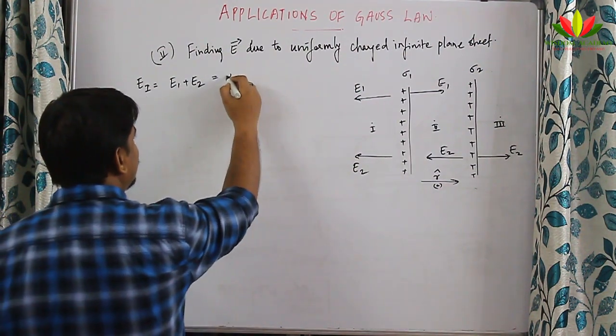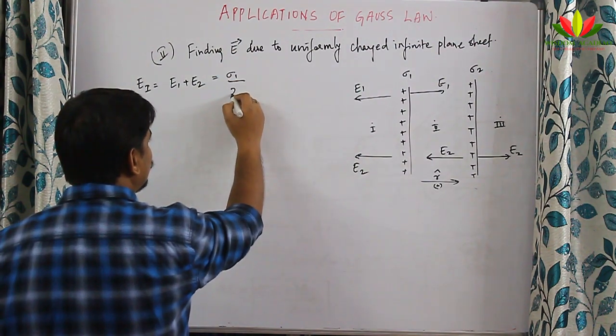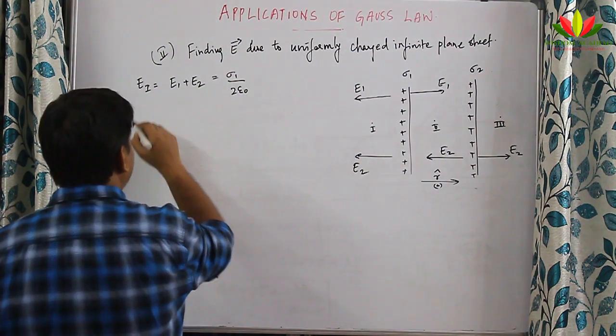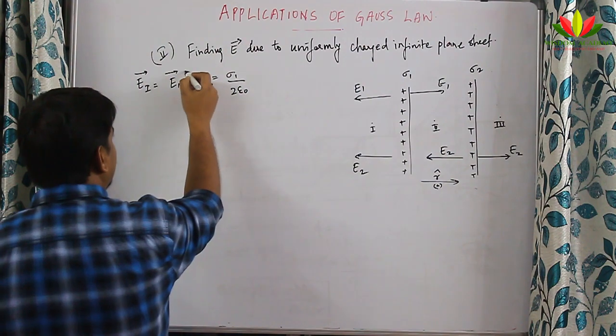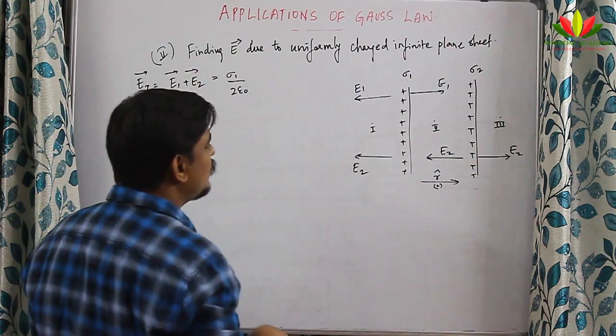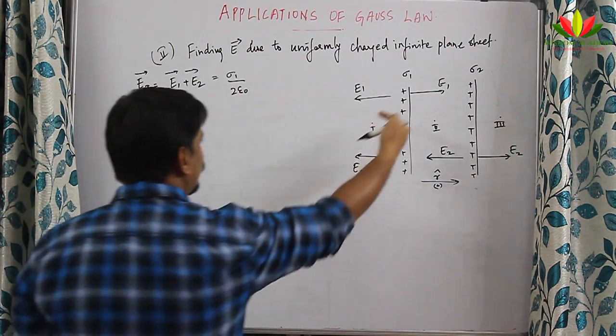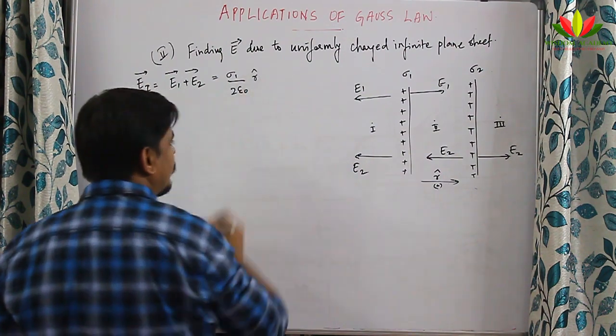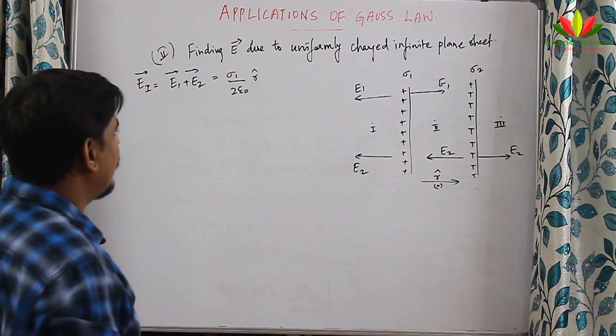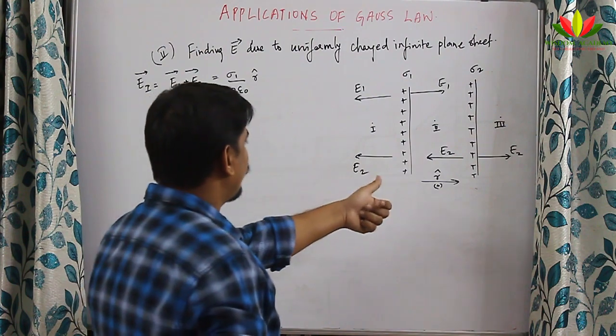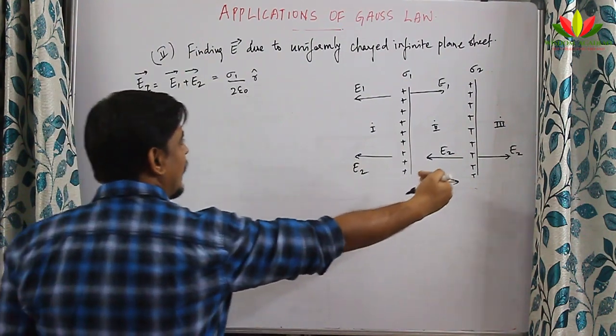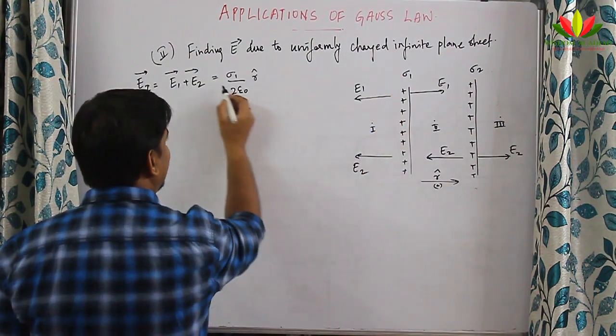So it will be sigma 1 by 2 epsilon naught, and suppose I am finding the vector quantity, the direction is R cap. This is against, so minus will come here.